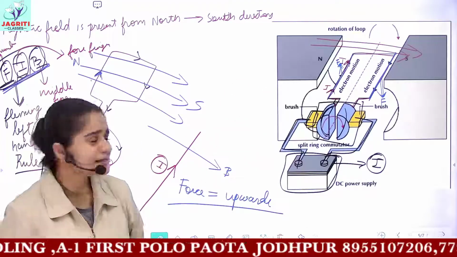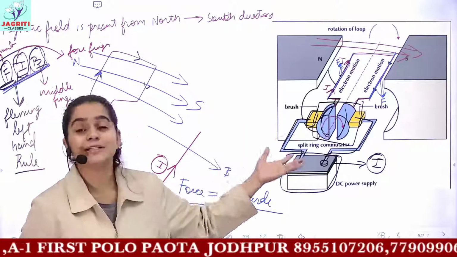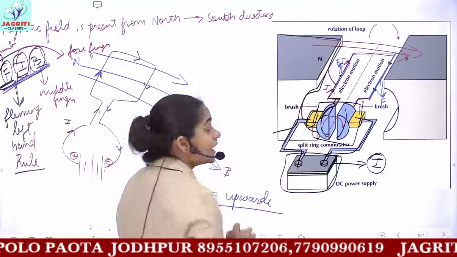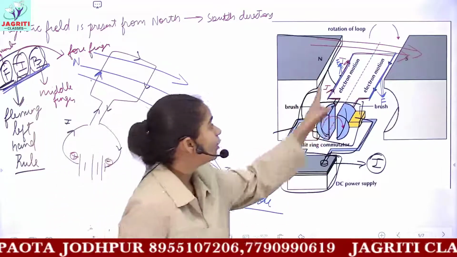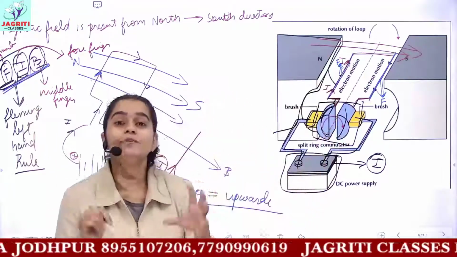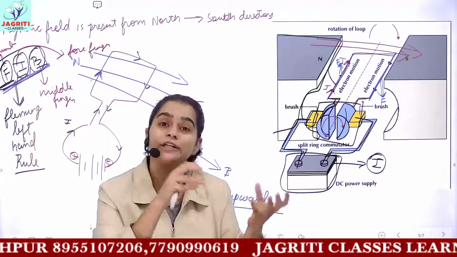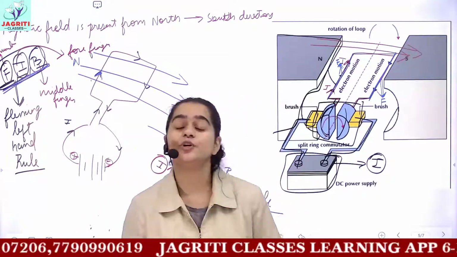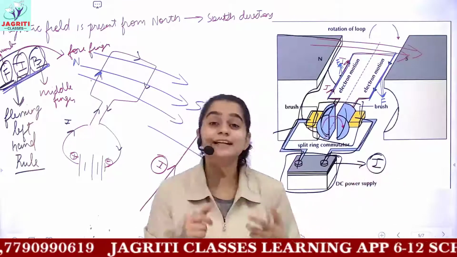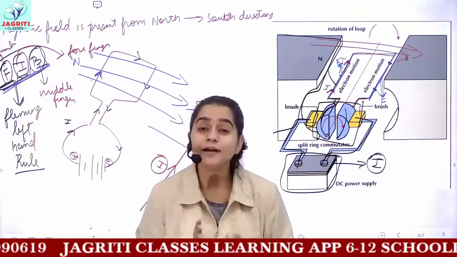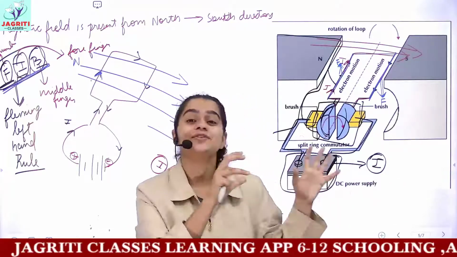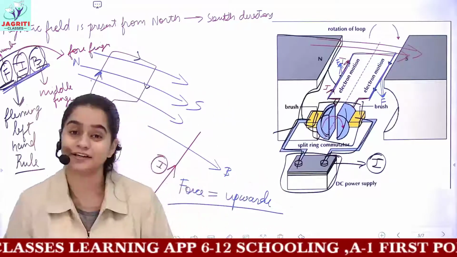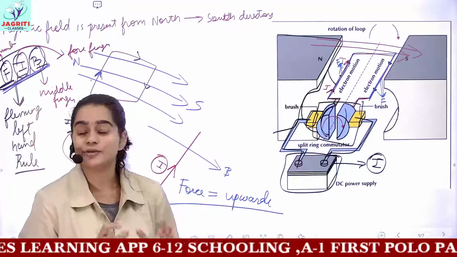I hope this is clear. In commercial purposes or in the industries, high power bar magnets are used, and instead of this single coil, you have a coil which is made up of many more turns, because we need to produce a large amount of force, and a large amount of current is also required when you are talking about industrial motors or the motors which are used in heavy industries, heavy apparatus. So this is how an electric motor works.